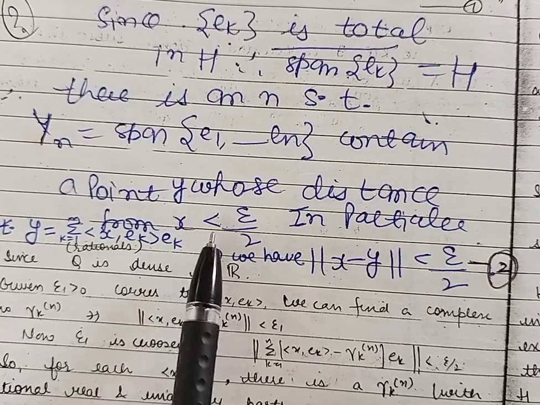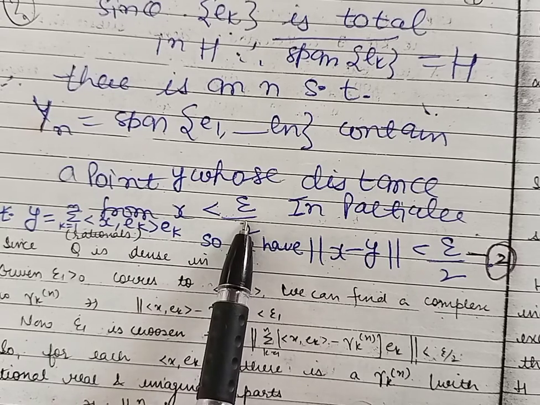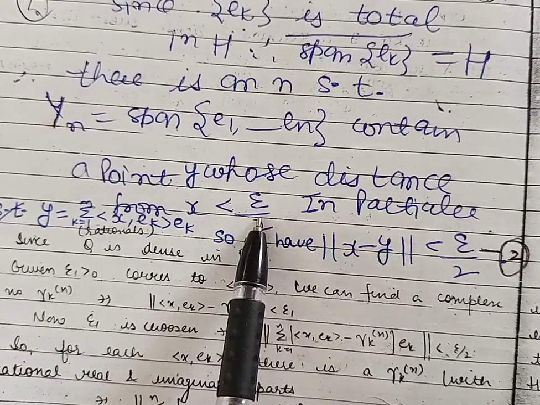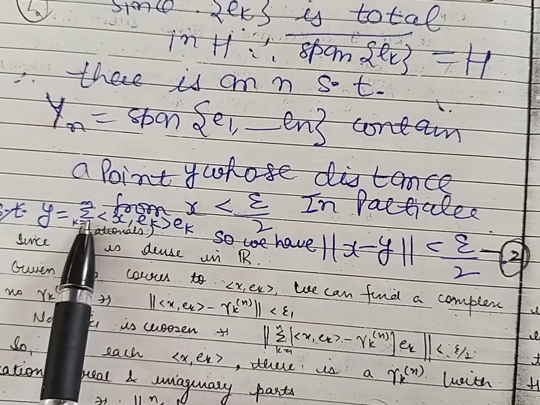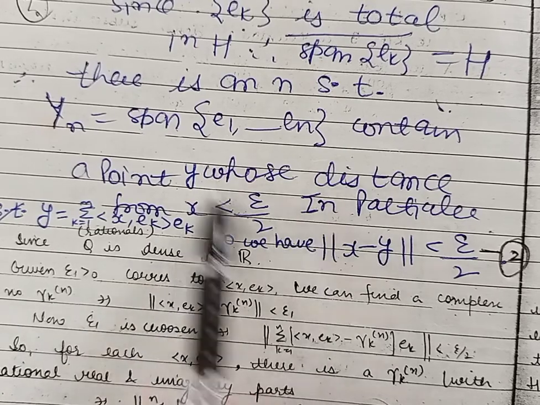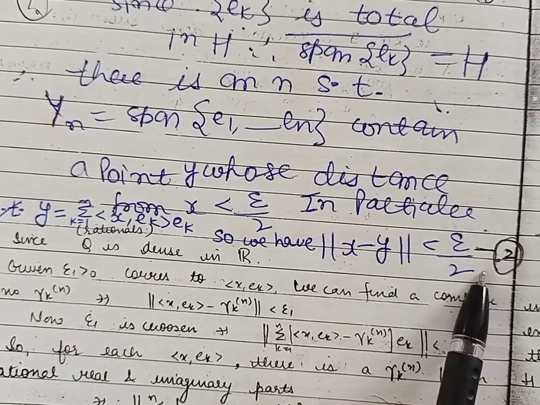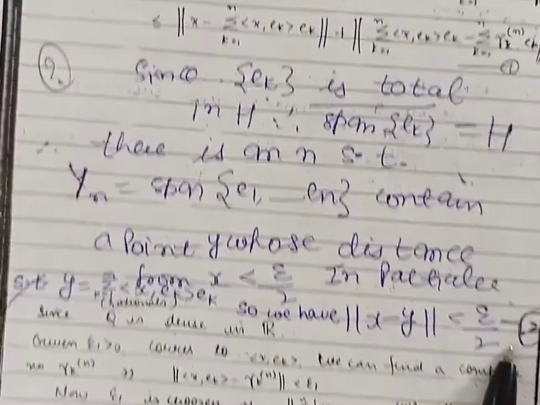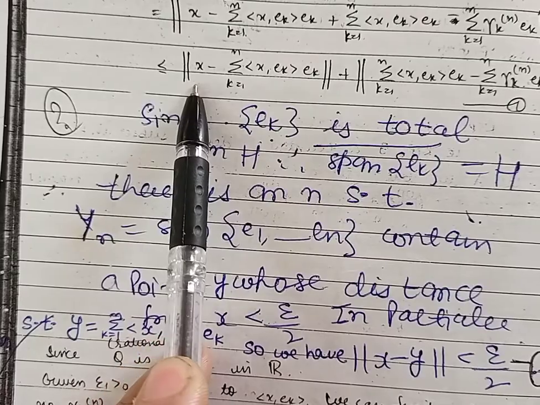So we have taken the distance of that y from x less than epsilon by 2. So if we take y equal to the summation of the inner product of x with e_k times e_k, from this condition we have the norm of x minus y less than epsilon by 2. So till yet we have proved that this quantity is less than epsilon by 2.